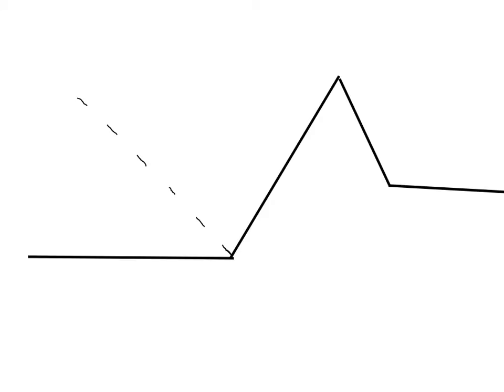Our plot diagram is as important as ever. The beginning part of our story, this right here, is called the exposition. The dotted line going diagonal up is what we call the inciting incident.